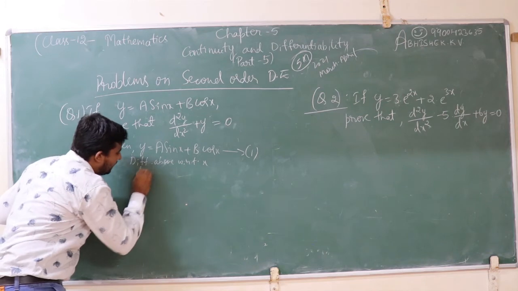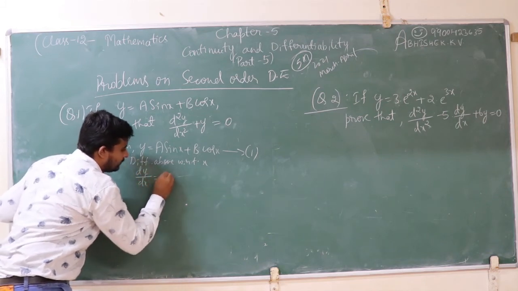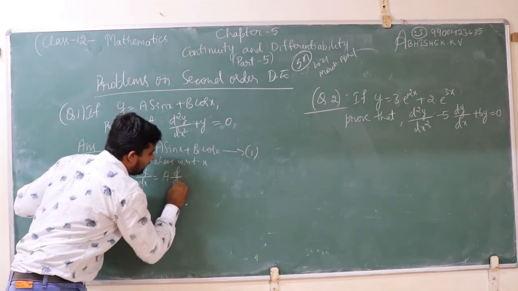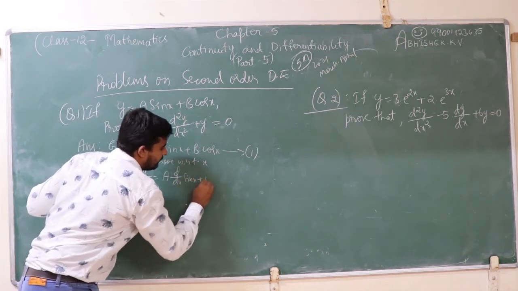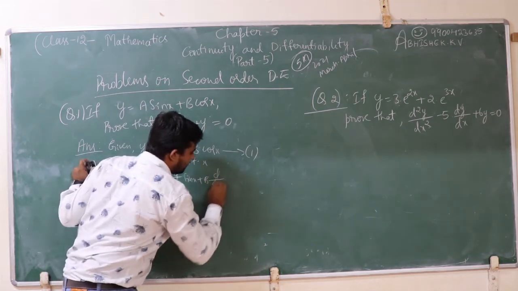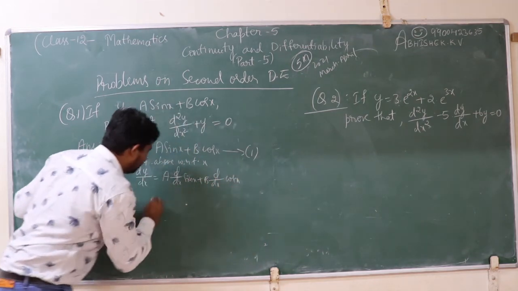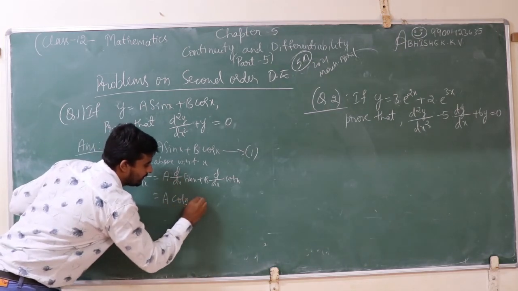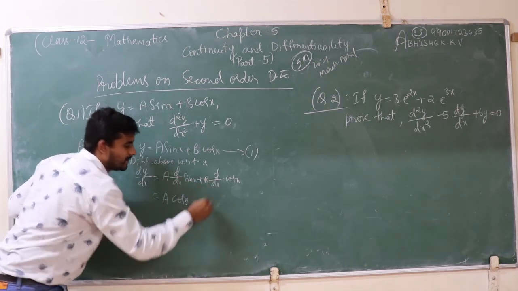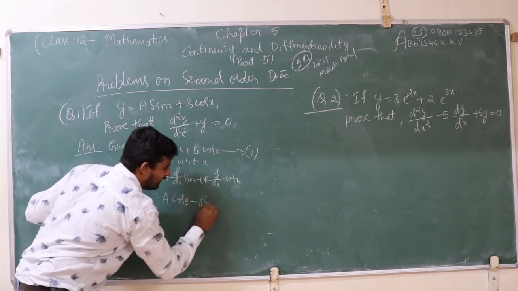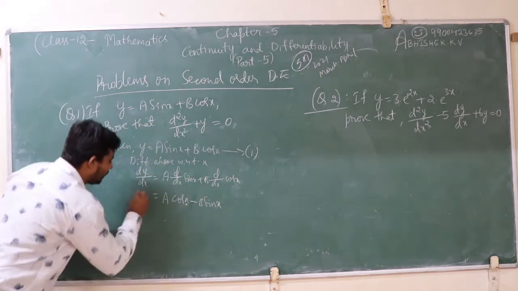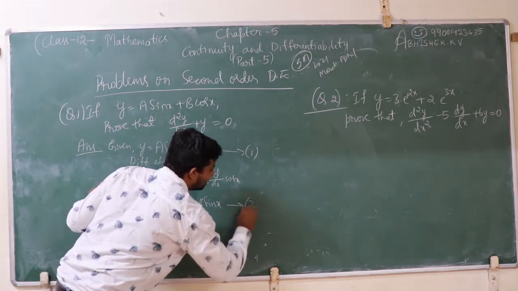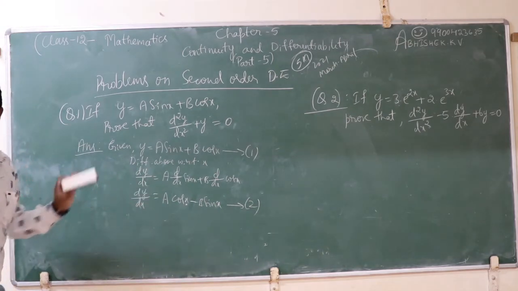Then we get dy by dx is equal to a, which is constant here, so take outside d by dx of sin x, plus b constant d by dx of cos x. Then a into d by dx of sin x is cos x, plus b into d by dx of cos x, which is minus sin x. This is dy by dx, and call this equation 2.